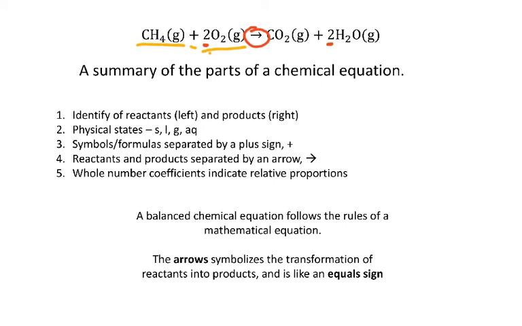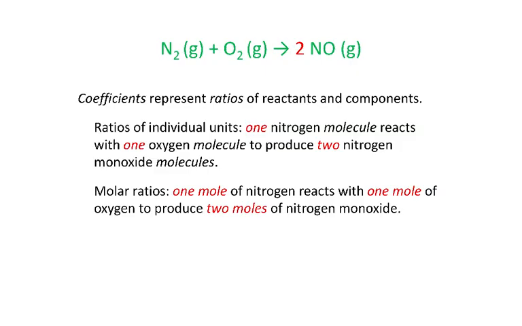Let's talk a little bit more about those coefficients. So N2 plus O2 again leads to the product of two nitrogen monoxide molecules. You can think of this in two ways. We've just spent a lecture talking about moles and the difference between moles and molecules.